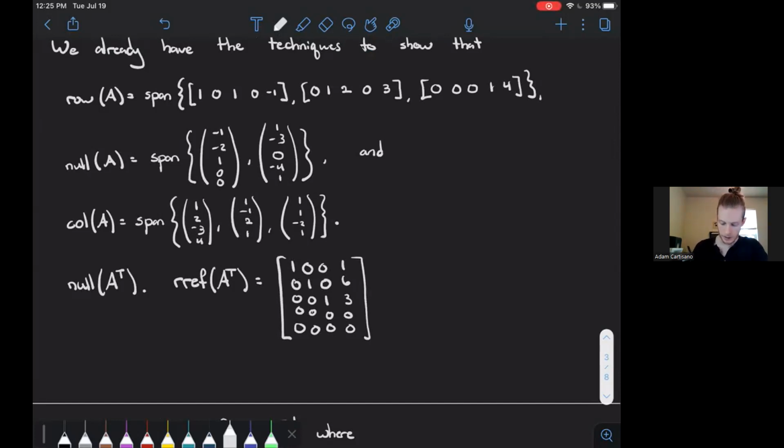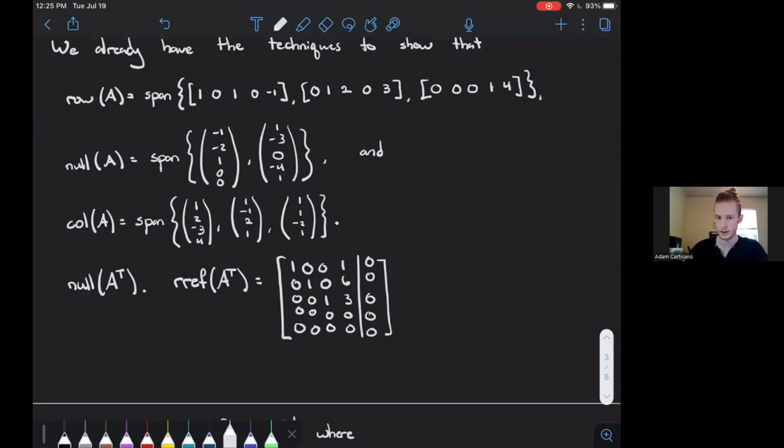Now we have to augment with the zero matrix, so let me just go ahead and do that. Notice that this is a homogeneous system of equations. This is the coefficient matrix for it.